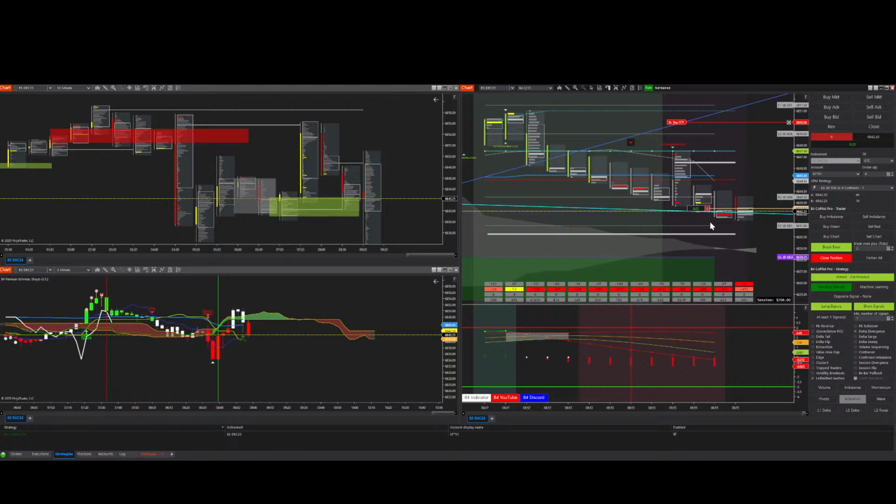What I'm finding is my unfinished auction and my delta divergence is fitting my trading style very well. Places where I'm undecided and I'm waiting for a decision, it seems like they fire very nicely.